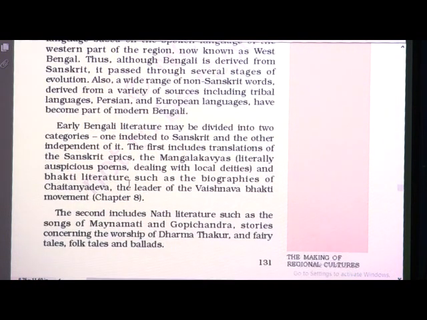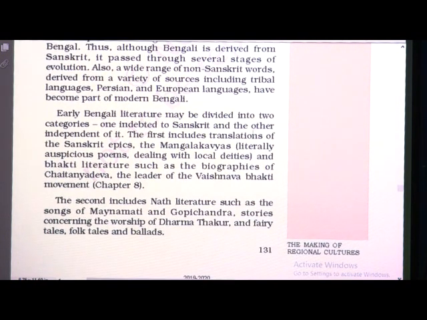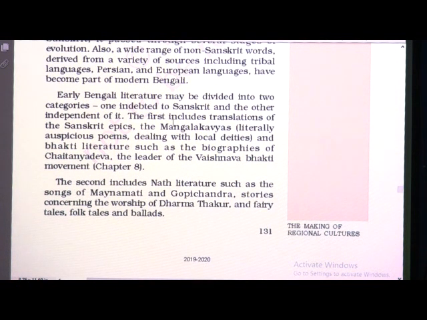Now early Bengali literature may be divided into two categories. One indebted to Sanskrit and the other independent of it. Indebted means it is owed to Sanskrit.